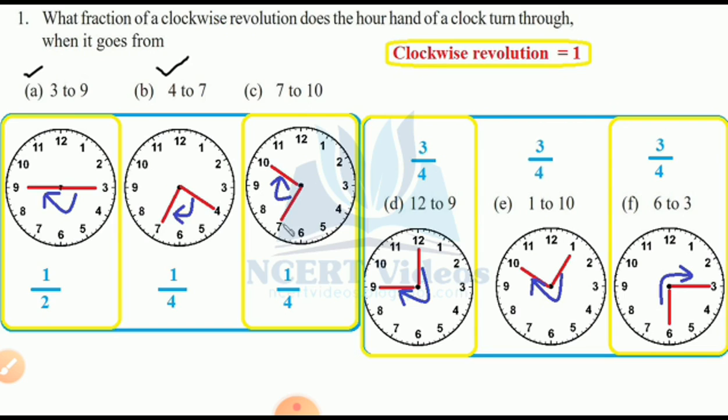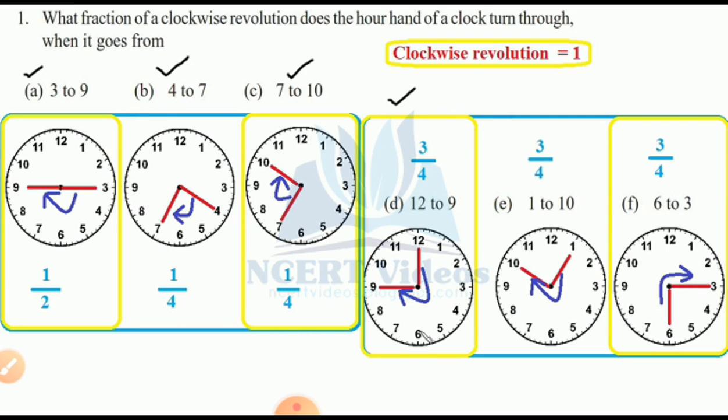Is it? Yes. Now look at 12 to 9. Yes, my dear students, be careful here. You are using 12 to 9. It is more than half, and total is 3/4, and 1/4 is left. That way also you can go through it. Then 1 to 10.